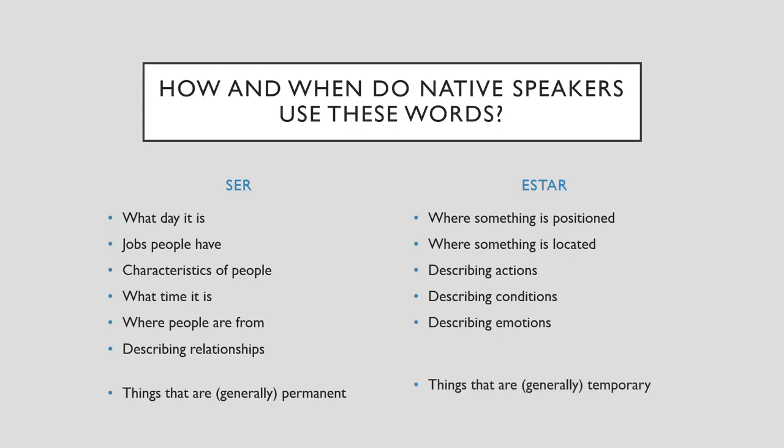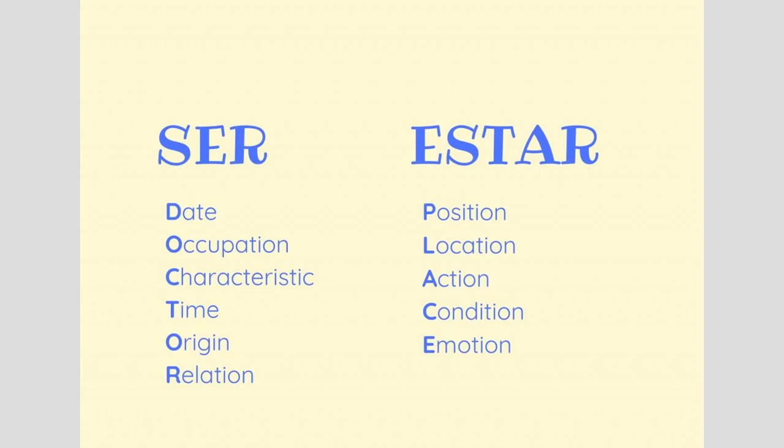So, to help you remember which one to use in which situation, there are mnemonic devices that you can use, like doctor. When you think of ser, try to think of doctor, and it'll talk about dates, occupations, characteristics of people, what time it is, where they are from in origin, and relations between two things.